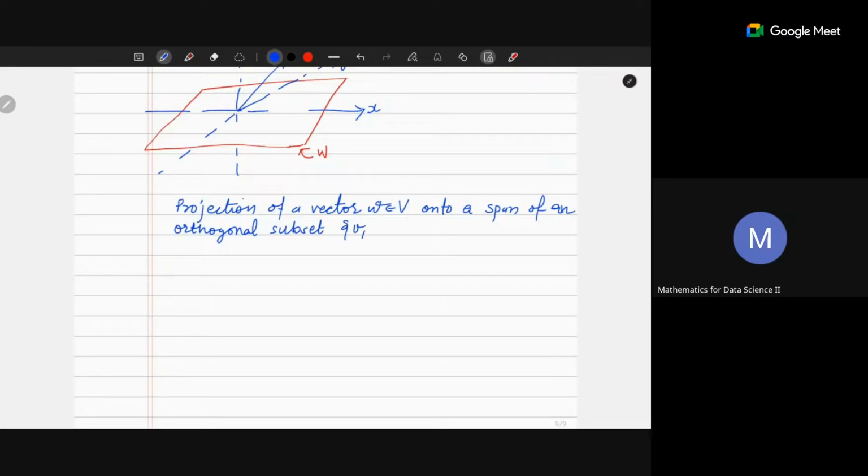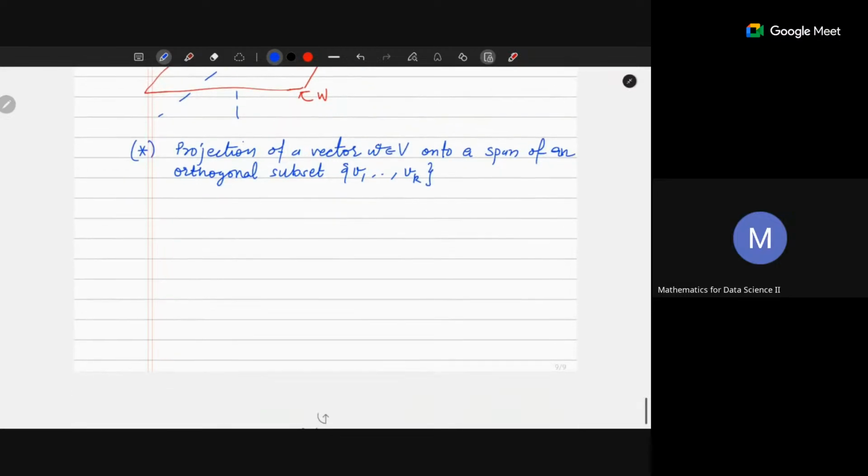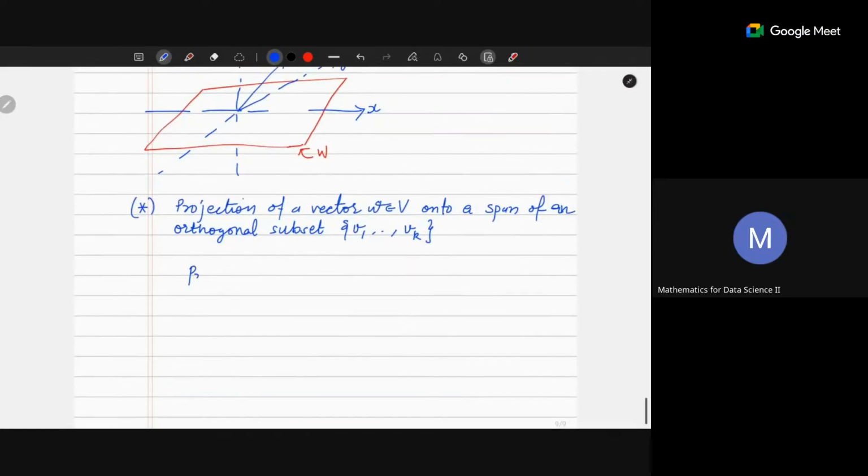Let's say my subset of orthogonal vectors is V1 to Vk.